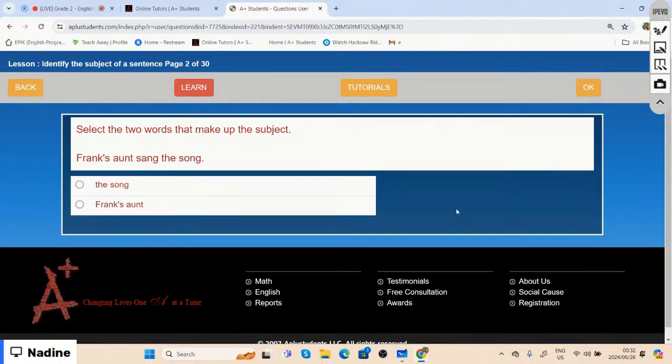All right, let's look at the next one. It says select two words that make up the subject. It says Frank's aunt sang the song. Is it the song or is it Frank's aunt? What is our subject? Is it option one, the song, or is it option two, Frank's aunt?